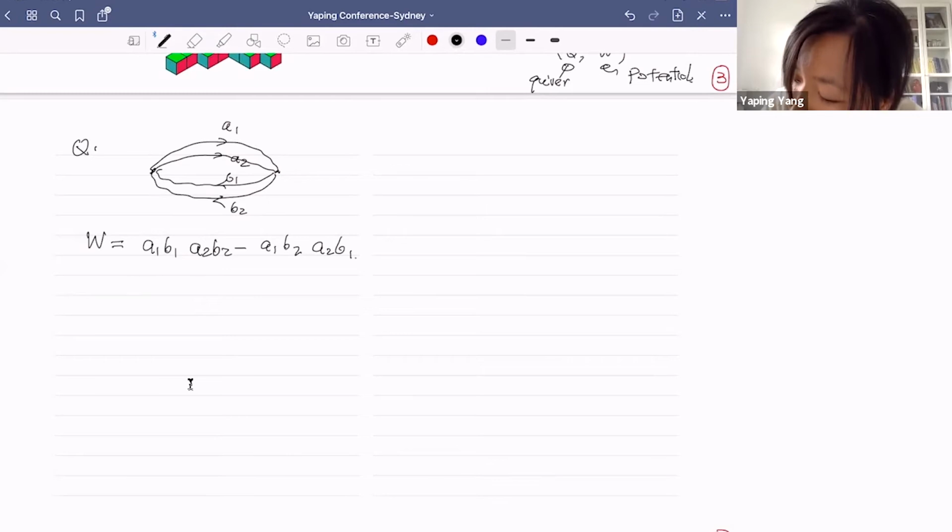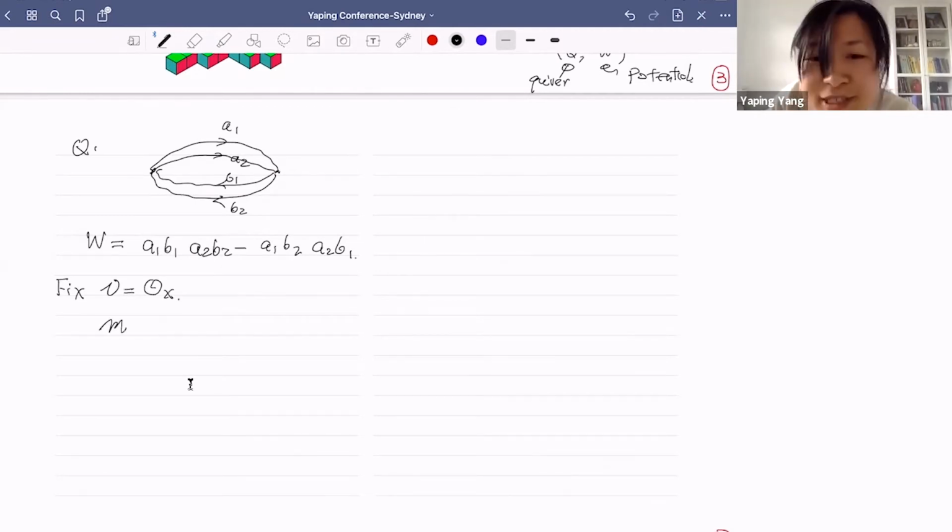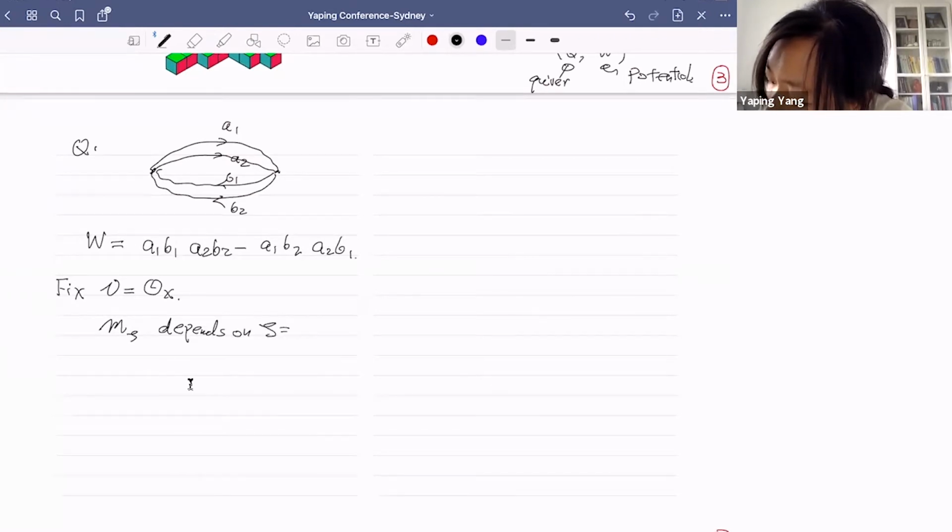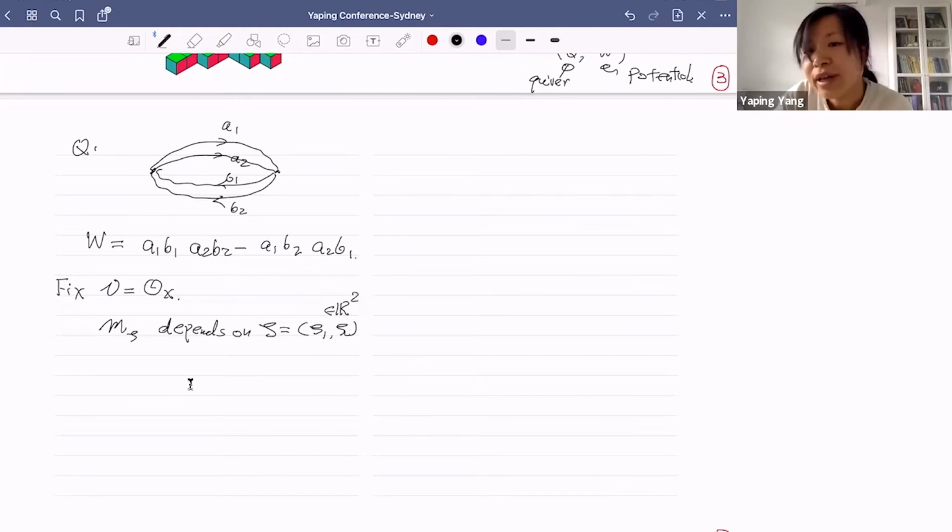And so if I fix this sheaf V to be the structure sheaf on the whole thing, this moduli space depends on a stability condition. I will write the stability condition by zeta. In this case, zeta is a pair of real numbers. Okay.